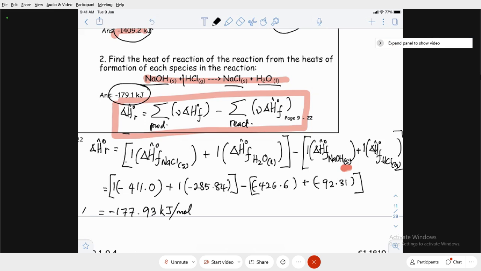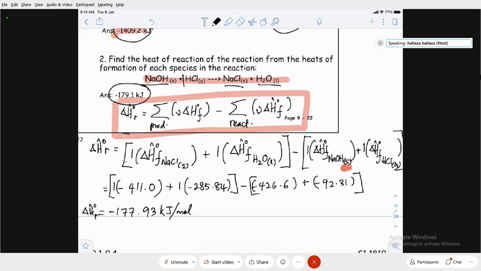Anybody else getting different values? Anybody else getting the same as the solution, or did you get negative 177.92? Anybody going to respond? Nobody? Same answer, doctor. Same as doctor, 177.93. Okay, thank you, Nabila.